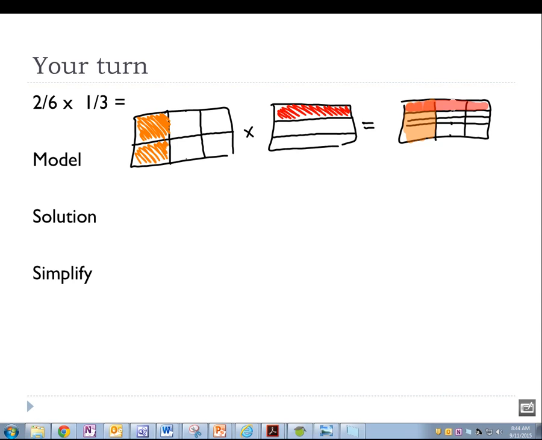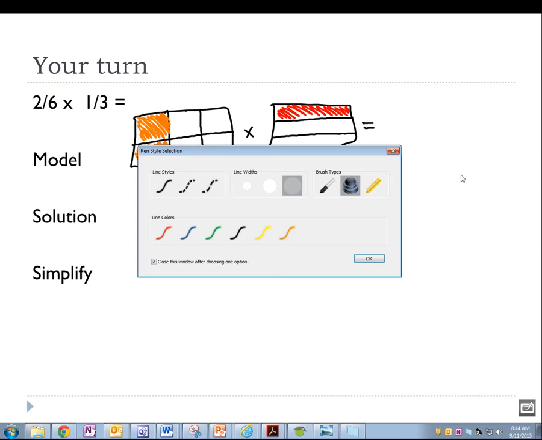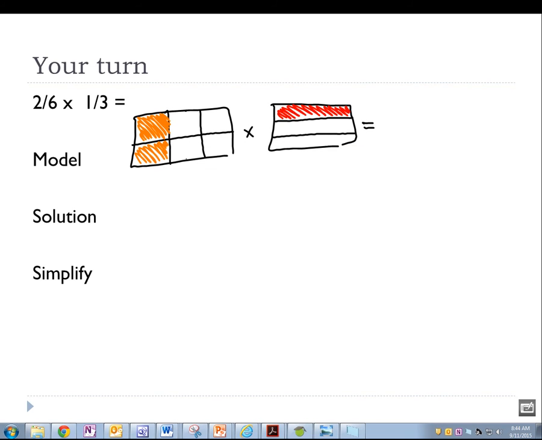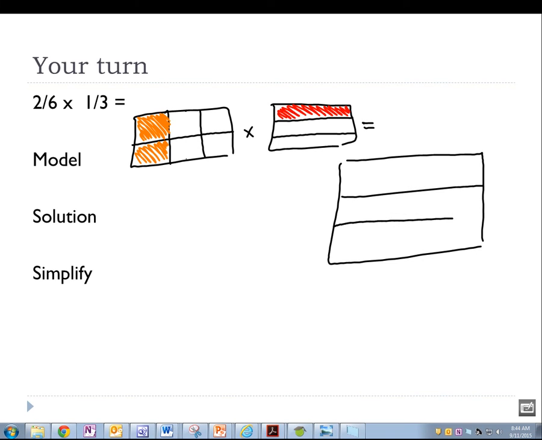I guess I can make this bigger. So this is it zoomed in. I had to remake the squares that I've done.